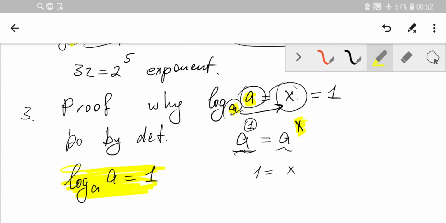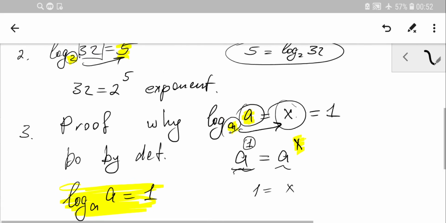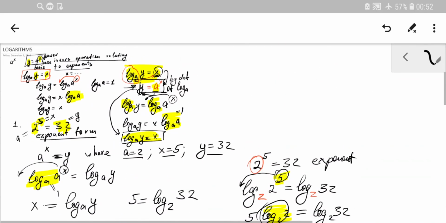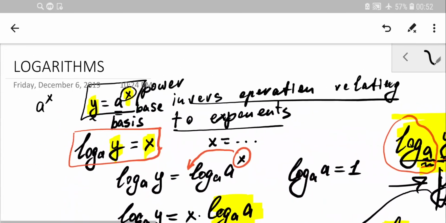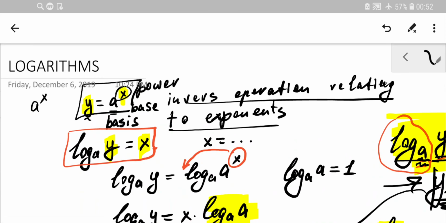This is the basics of log that you need to be confident with. Logarithm is simply the reciprocal operation compared with what you have in exponent form. You can always write an exponent in logarithmic form, and vice versa. If you have logarithmic form, you can always convert it into an exponent.